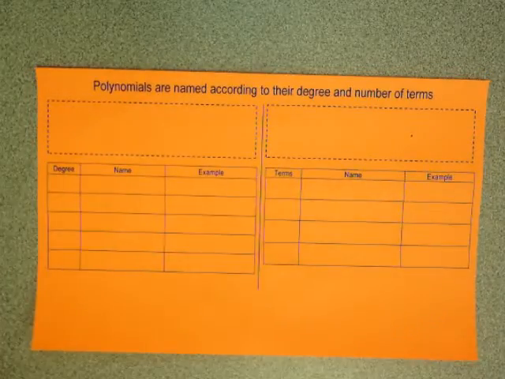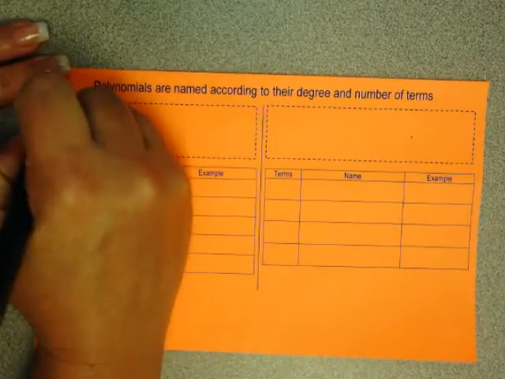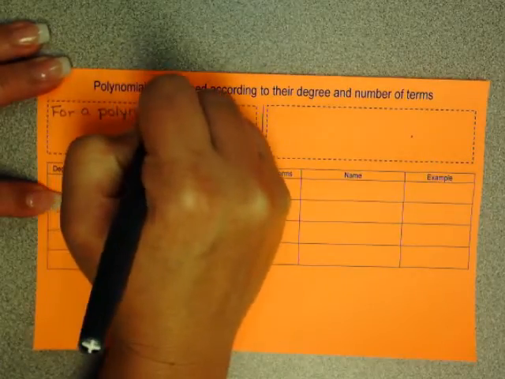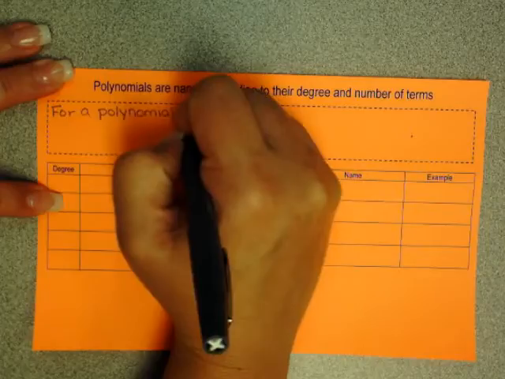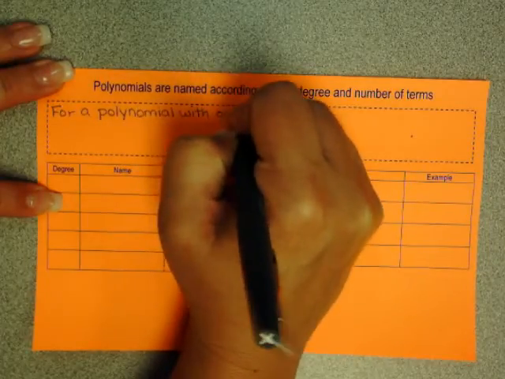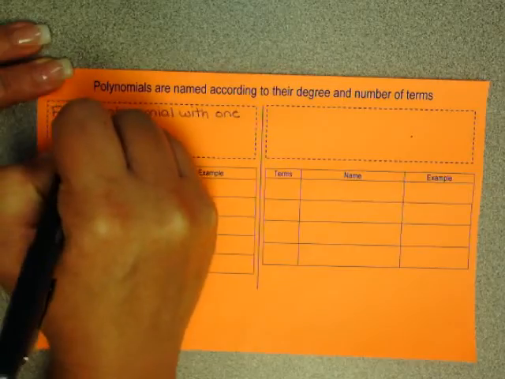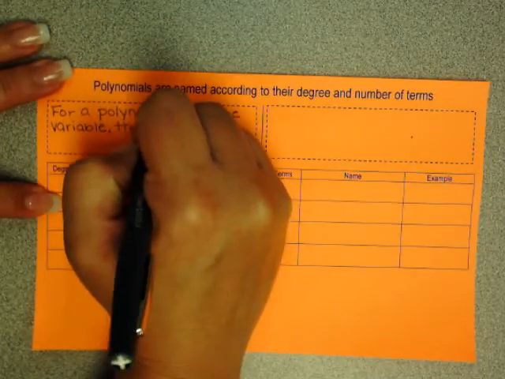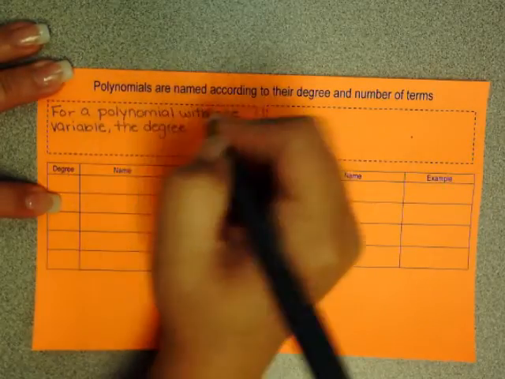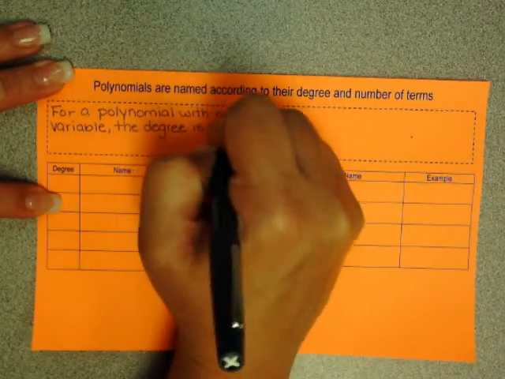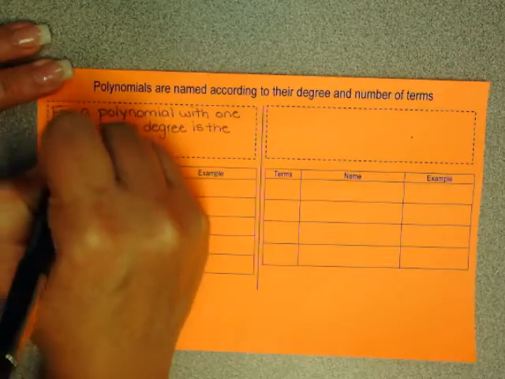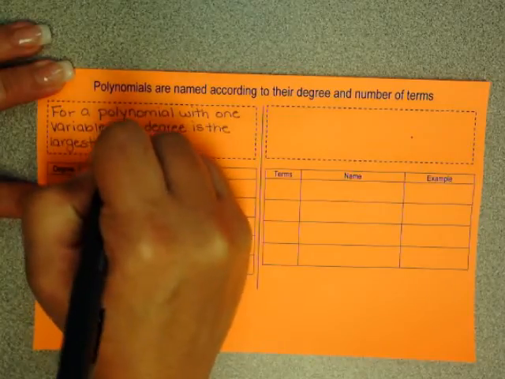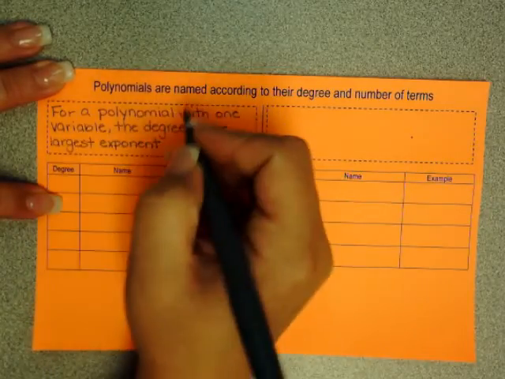All right, so for our polynomial's first name, for a polynomial with one and only one variable right now, the degree is the largest exponent of the variable.